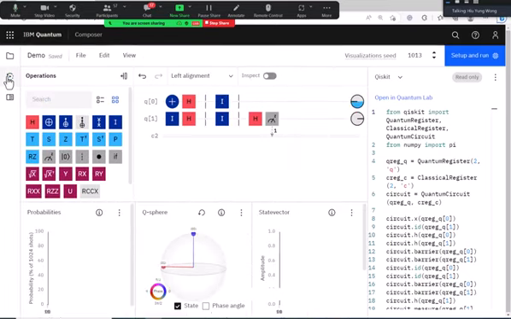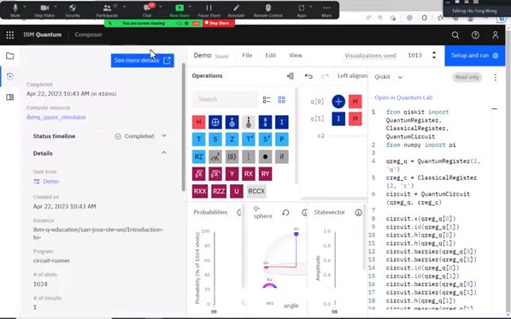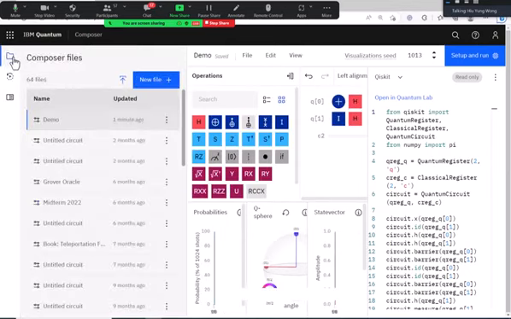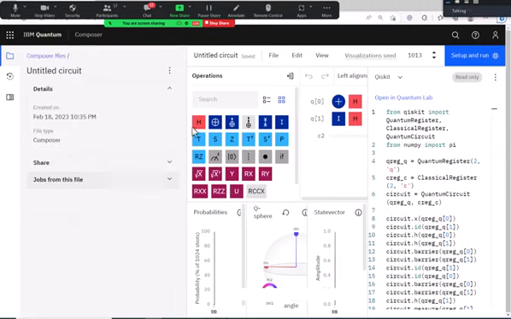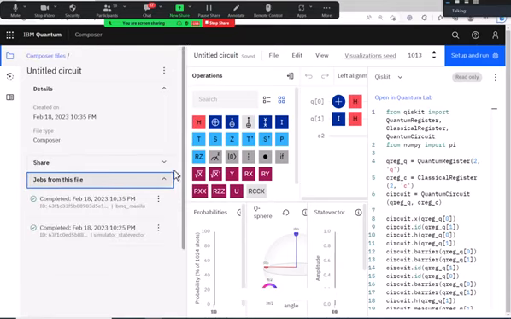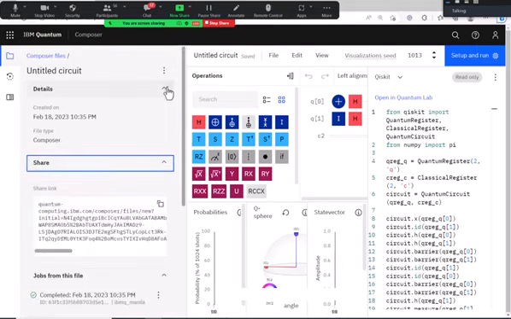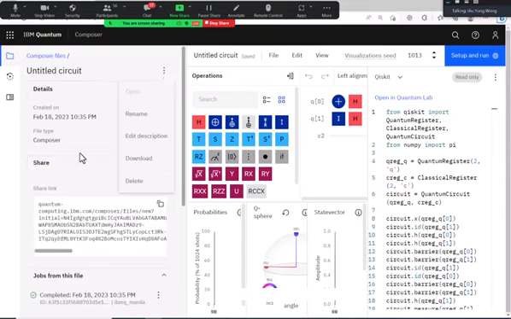Actually, what I want to show you is the job that I ran with the real quantum computer. Unfortunately, I cannot find it.